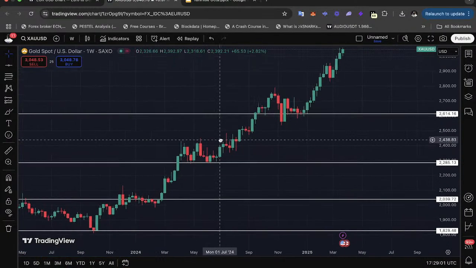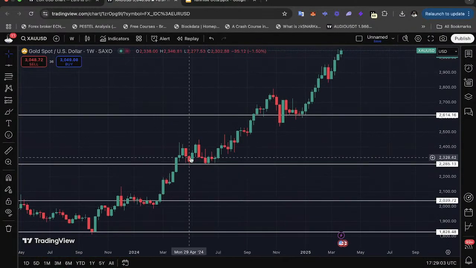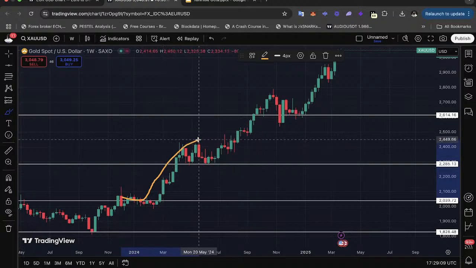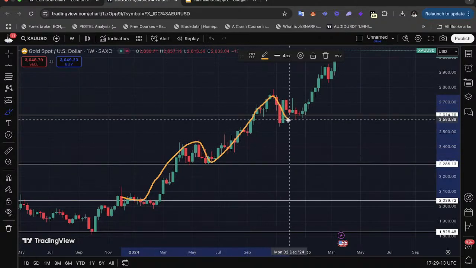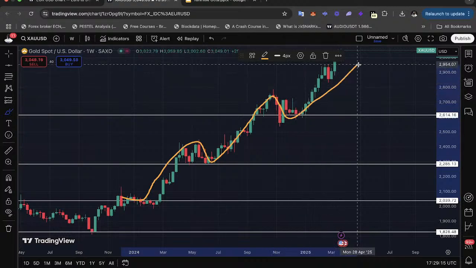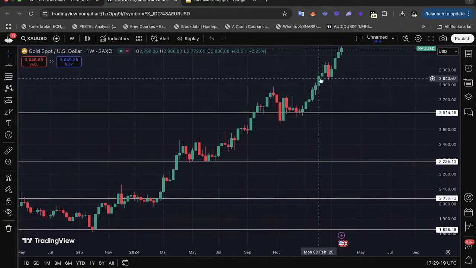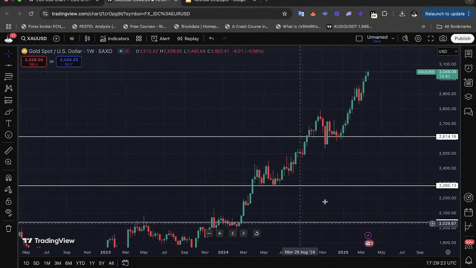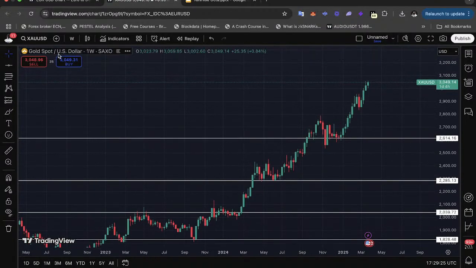So now we can see how price moved up. Let's do a quick recap. We see price go up, retest, go up, retest. Then we are seeing another momentum to the upside. Now, what do we anticipate from this level?